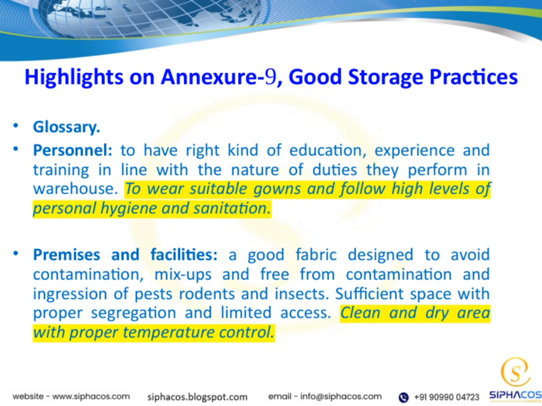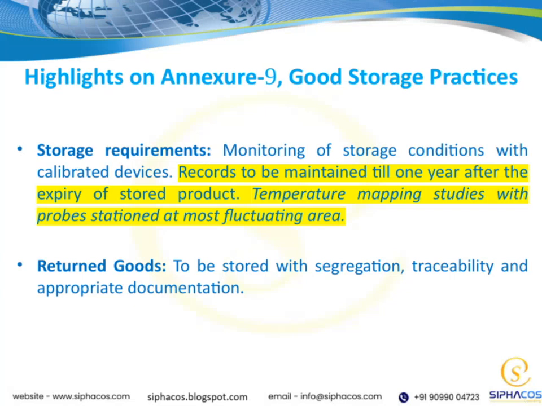Additionally, the premises should be a clean, dry area with proper temperature control to maintain the integrity of stored items. These points are highlighted in Annexure 9, which covers good storage practices. Together, these elements form the foundation of a safe and efficient storage environment, supporting our overall goal of quality assurance and compliance.